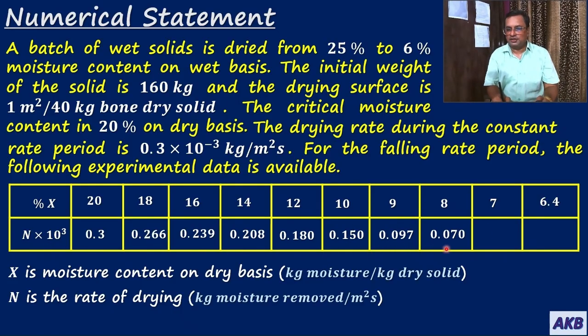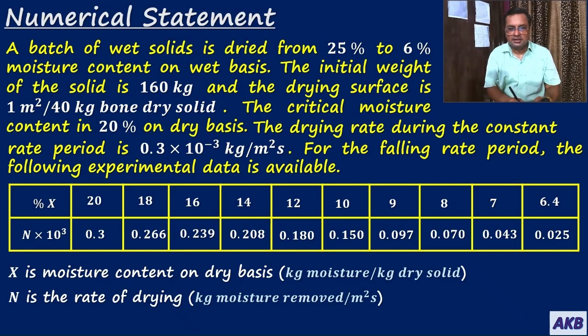Now you need to understand how N is given to us. If you just look at the first reading, the value of N into 10 to the power 3 is 0.3.